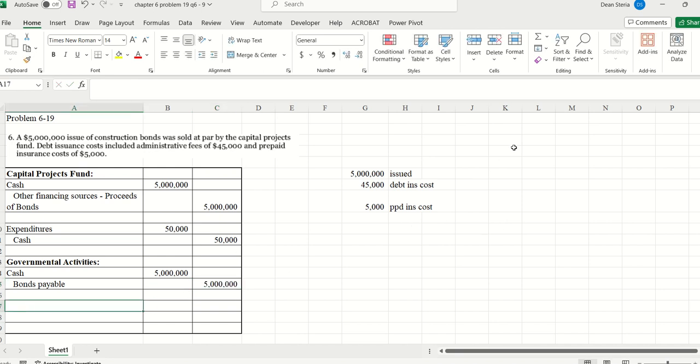And then we're going to have to split this out into the bond issuance expenses. And then prepaid insurance costs. And we're going to pay it with cash, right?